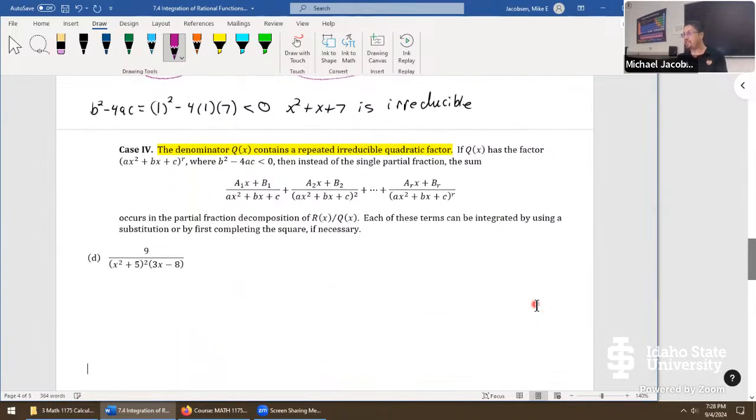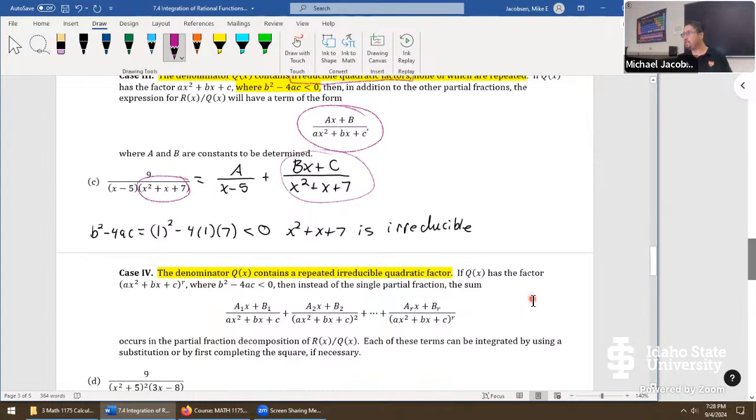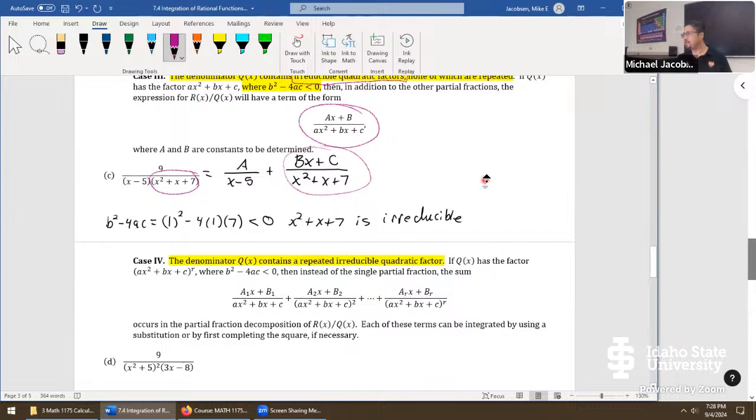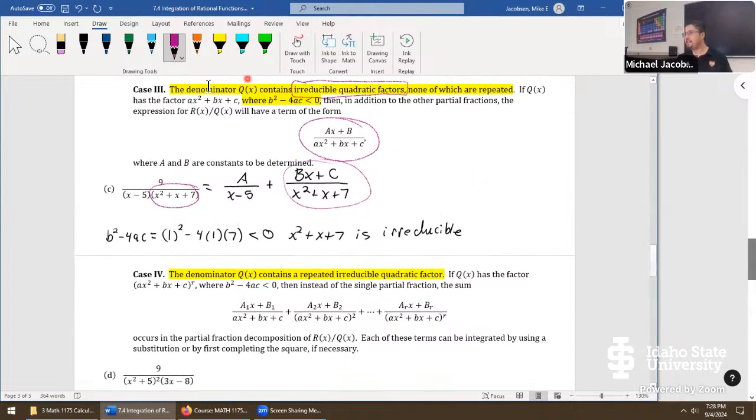Finally, here's case 4. There's one difference from this case and case 3. Notice in case 3, they said you have an irreducible, but no repeats. Now in case 4, it says there is a repeated irreducible quadratic factor.